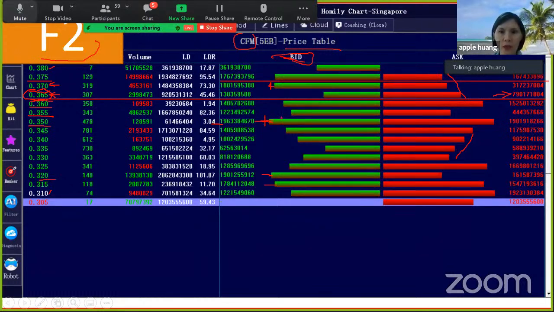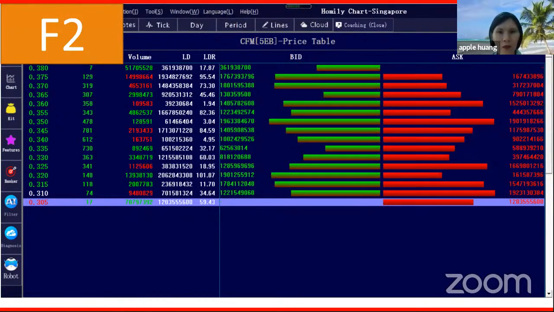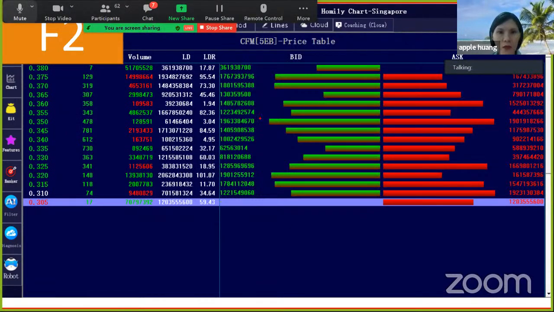Obviously, the most transacted volume, the most transacted price, is at 35 cents.